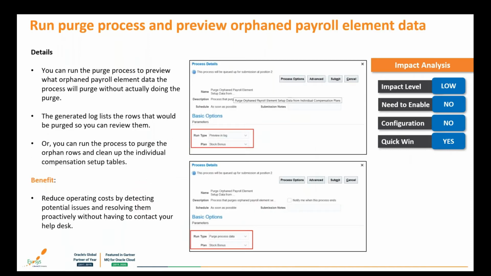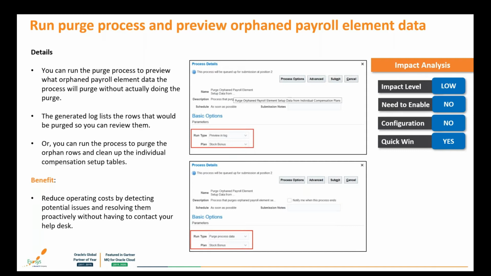The next feature is a great feature to proactively track any potential errors. So you can now preview what orphaned payroll element data the run purge process will remove without actually doing the purge. With this feature, you can generate logs that can be reviewed beforehand and reduce the possibility of purging unwanted data.